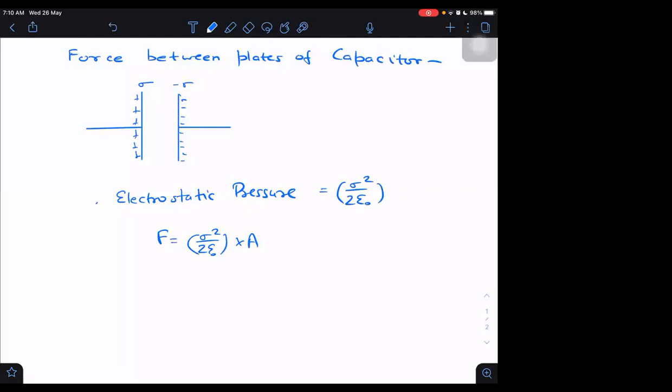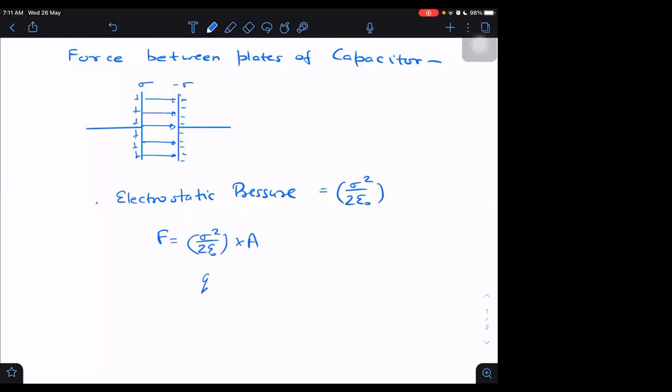If you don't remember the formula for electrostatic pressure, there is another way to arrive at the result. We have to find the field due to the other plate multiplied by the charge on one plate.